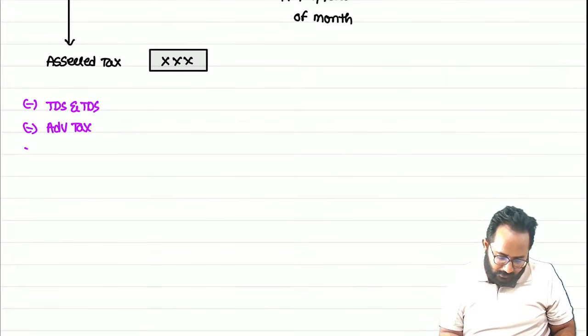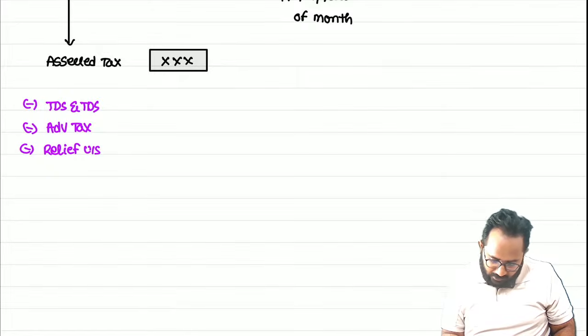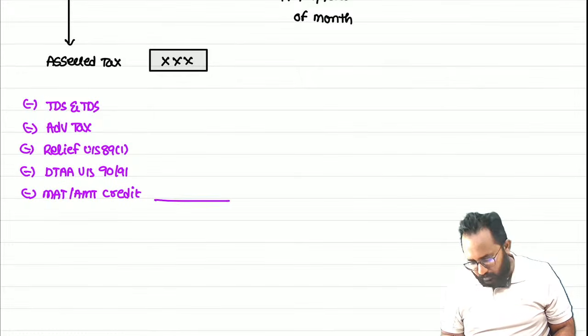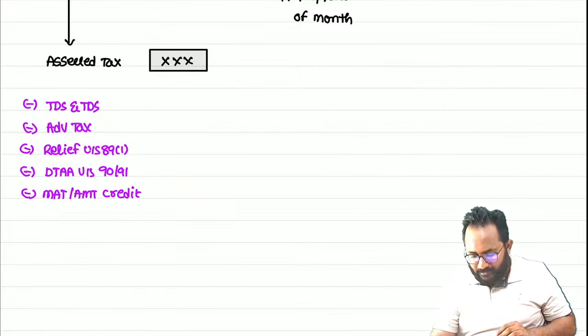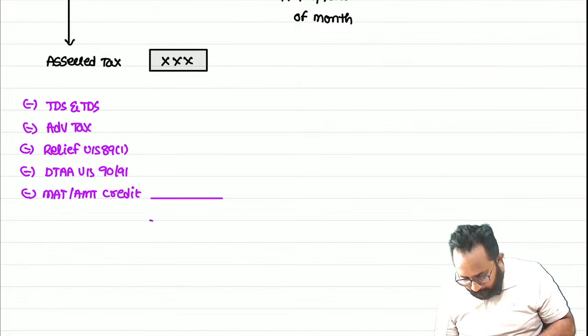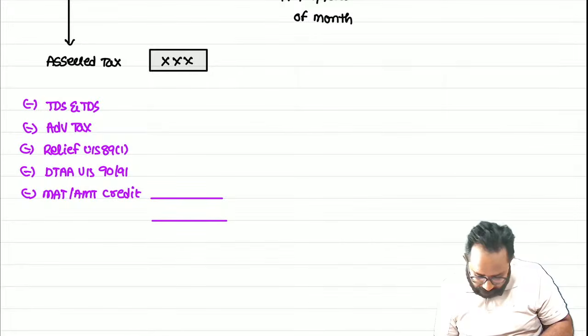Minus relief under section 89(1), minus DTAA relief under section 90 and 91, minus AMT or MAT credit. Sir, if you remove everything, you will get the shortfall. On that shortfall, please calculate the interest.